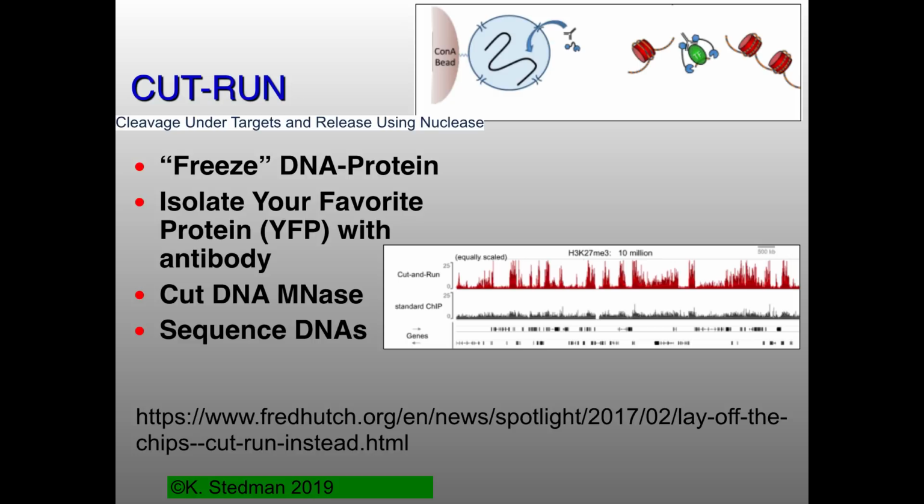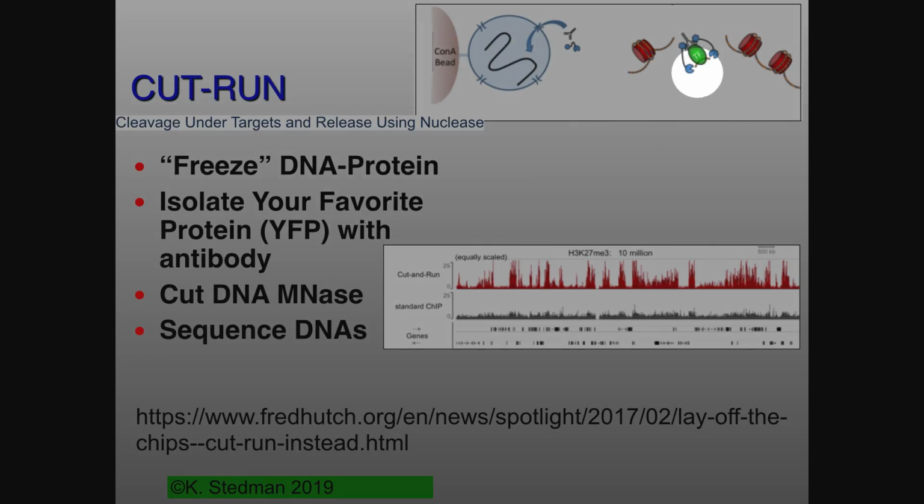Here you bring in an antibody to your favorite protein that also has a nuclease attached to it. The nuclease will cut the DNA right next to your favorite protein and chops just that small piece out of your genome. Then you can sequence all of the DNA, particularly these small pieces.